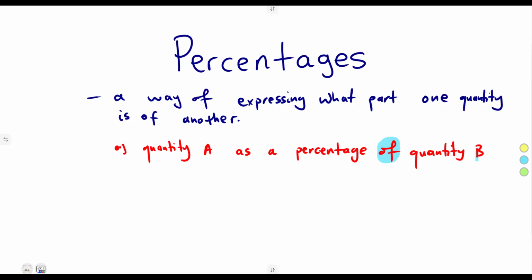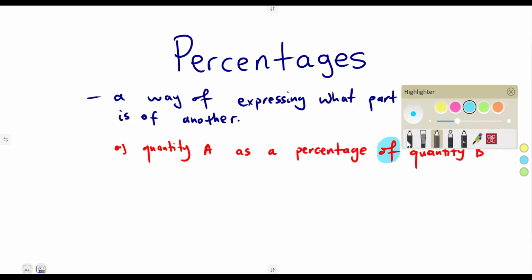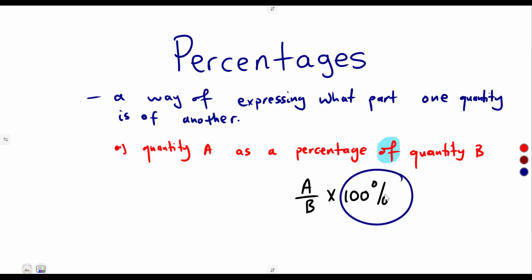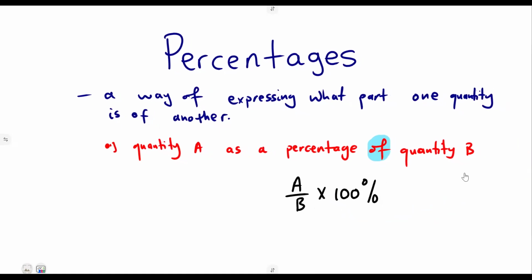That is A over B times 100%. So the 100% represents a whole. The 100% is a whole. That is what is to be compared, to be shared. Simple like that.